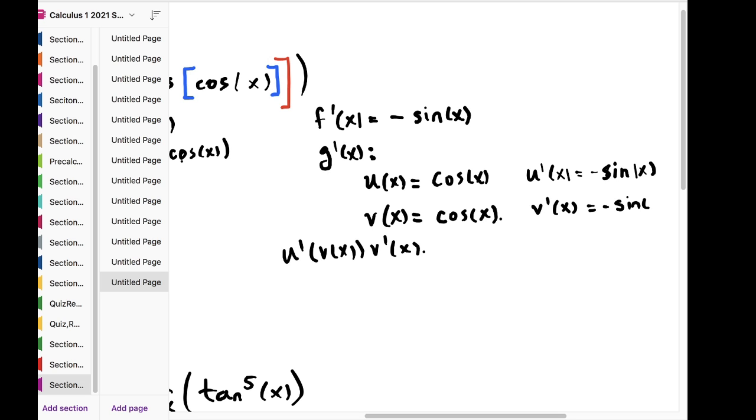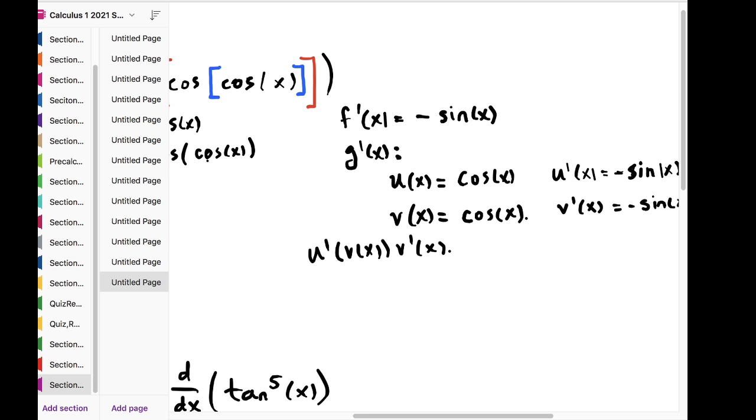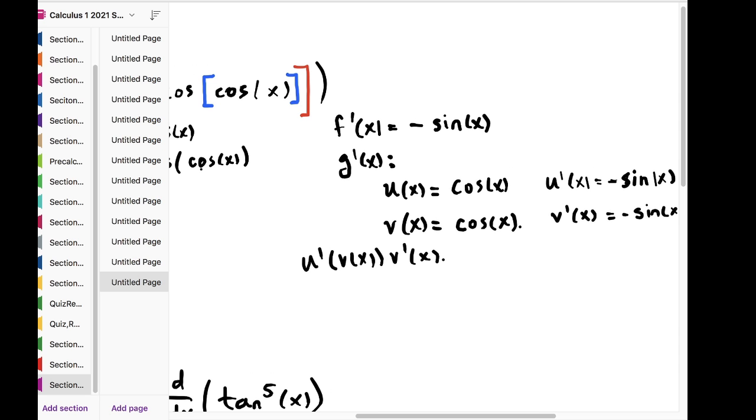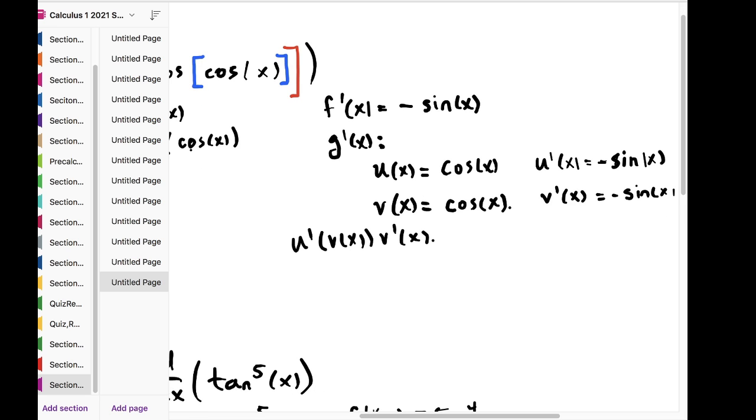Okay, so this is where things get interesting. So what is u prime of v of x? It's negative sine of cosine of x. And then v prime is negative sine of x.